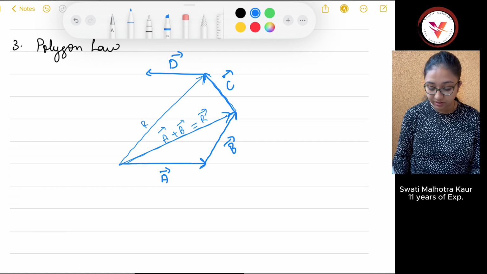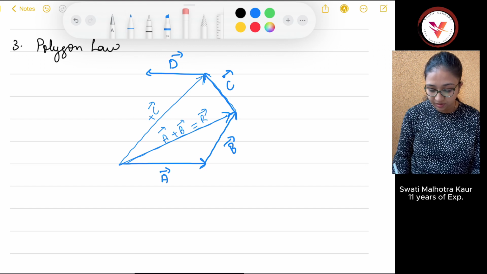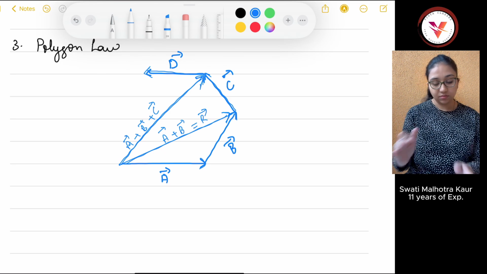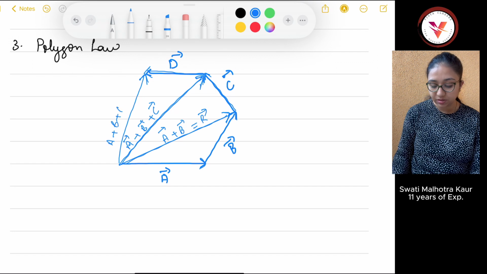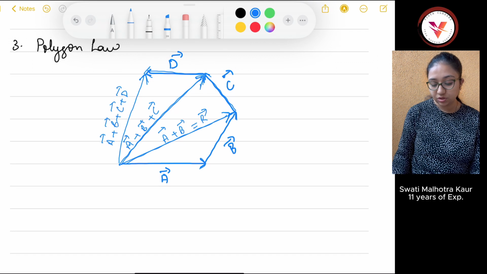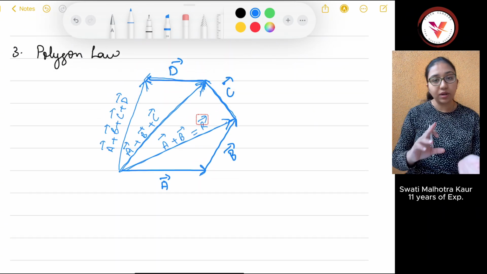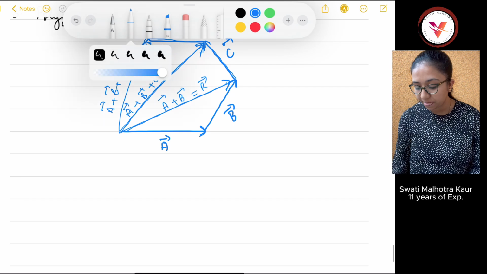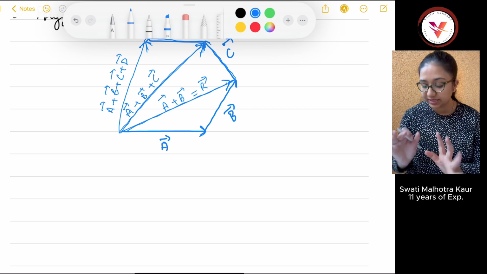If this is your r vector, then this will become r vector plus the c vector, and now r is a plus b, so it automatically becomes a plus b plus c vector. Now this vector and this vector again make sides, so you can enclose it with the third side in opposite order, and then it will become a plus b plus c plus d vector. So if they're in the same order, then you can simply add them, and if one reverses direction, you can subtract it. That we will learn in this video. So this is how you can add the vectors, and what if they flip their sides, we will understand.